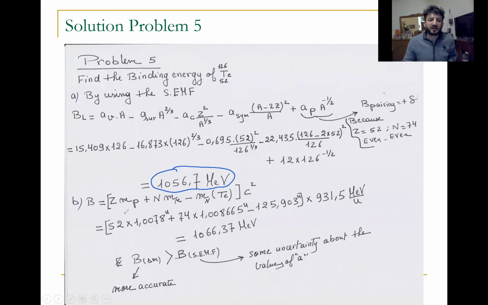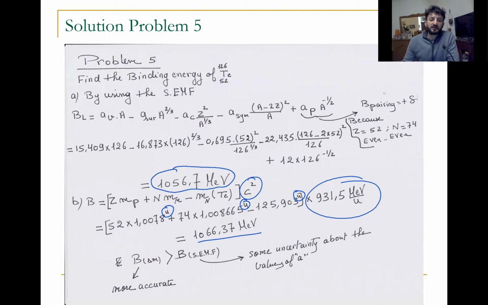We can substitute the values of Z and the masses, and be careful here: C square equals 931.5 MeV divided by U, because I use the atomic mass unit here. So you have to put 931.5. Anyway, you can write the answer here.